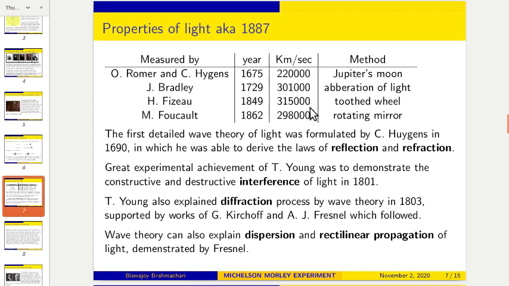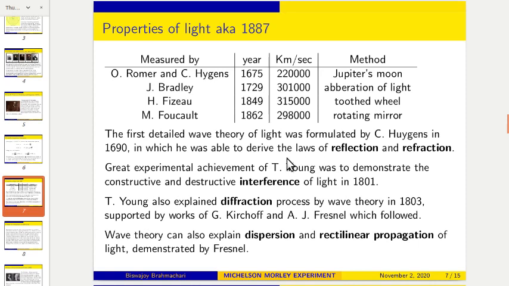This is a very interesting experiment by Fizeau. You should read about Fizeau's experiment. And Foucault's experiment, also almost correct, in 1862. This is the velocity of light in kilometers per second. At that time it was known.